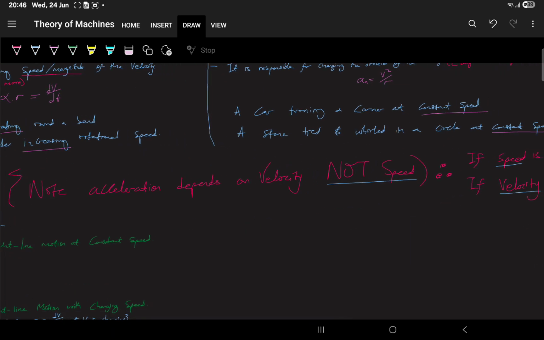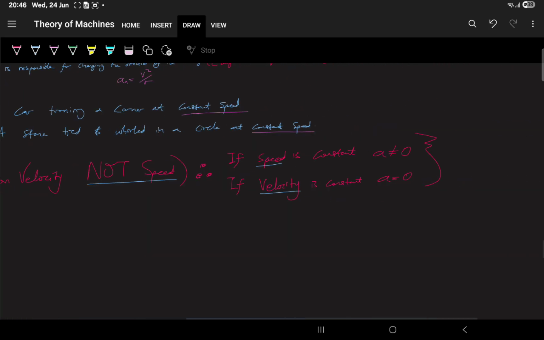Now, as I said earlier, acceleration depends on velocity, not speed. If speed is constant, acceleration is not necessarily equal to 0, because acceleration is change in velocity divided by change in time.